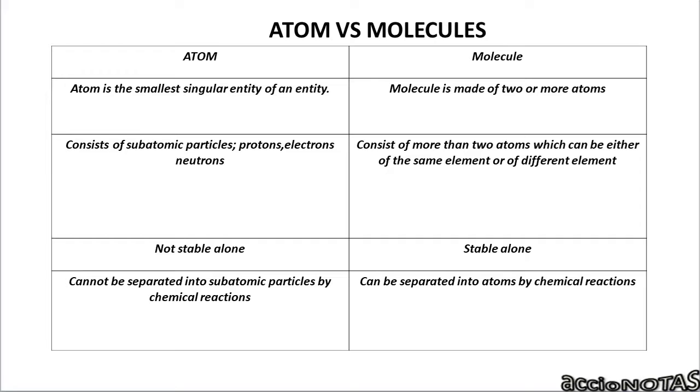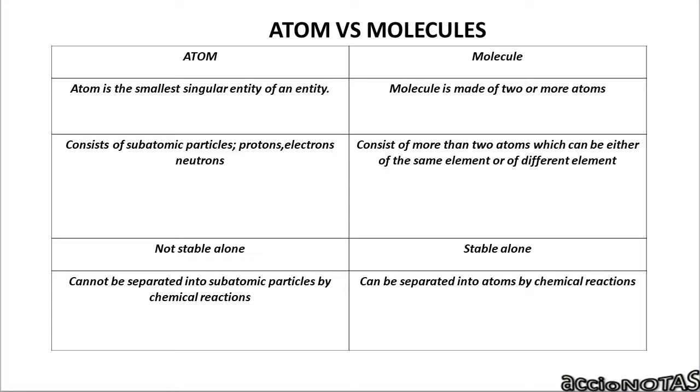Now the differences between atoms and molecules. An atom is the smallest singular entity of an element. A molecule is made of 2 or more atoms. An atom consists of subatomic particles known as protons, electrons and neutrons.